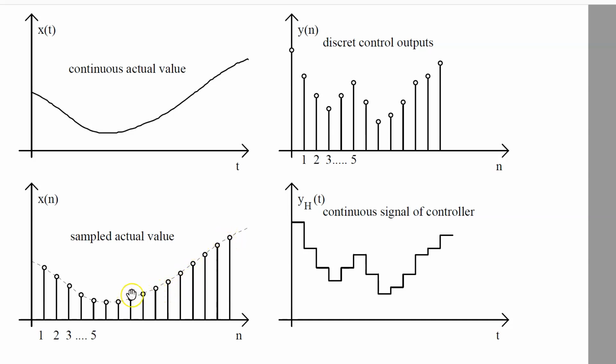These values are going into the computer, and the computer calculates with the control algorithm or with the filter algorithm, in any way, output values y of n. You see, n is the index of the sampled values. And then the computer calculates these values, and these values are sent to the digital to analog converter, and the DAC makes from these values this curve, and this is an analog continuous curve.